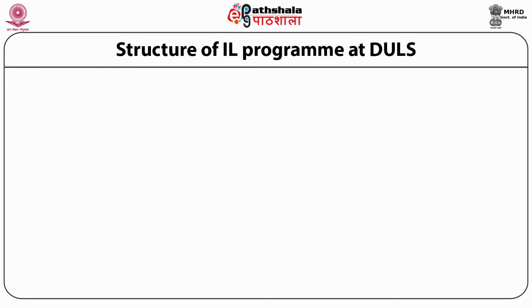The structure of the information literacy programs at Delhi University Library System. Based on the different types of users, Delhi University Library System has three user-based programs for their different types of users.